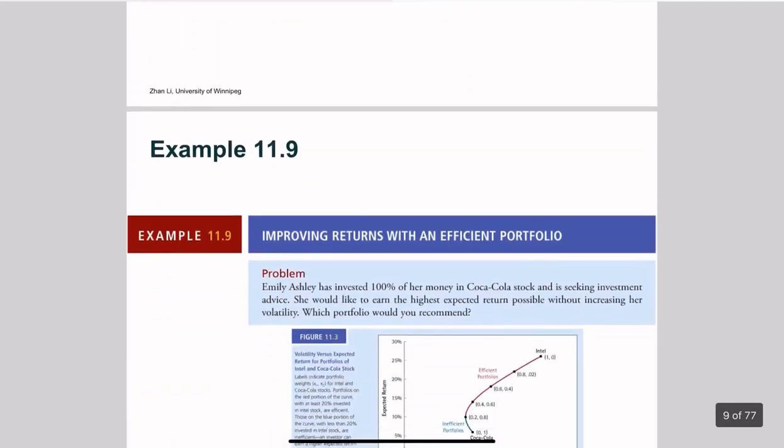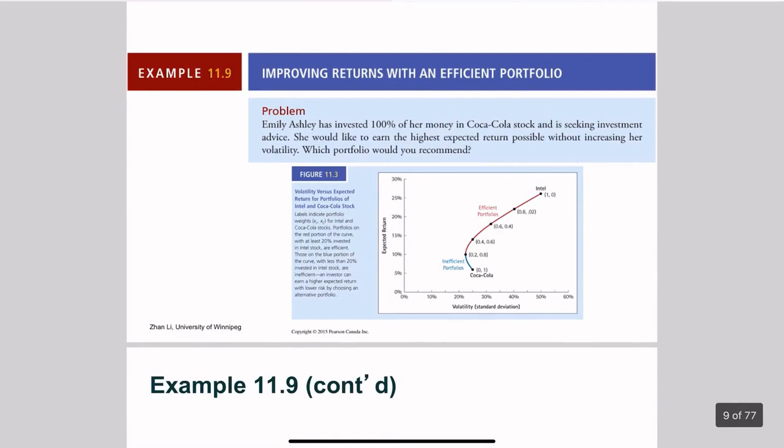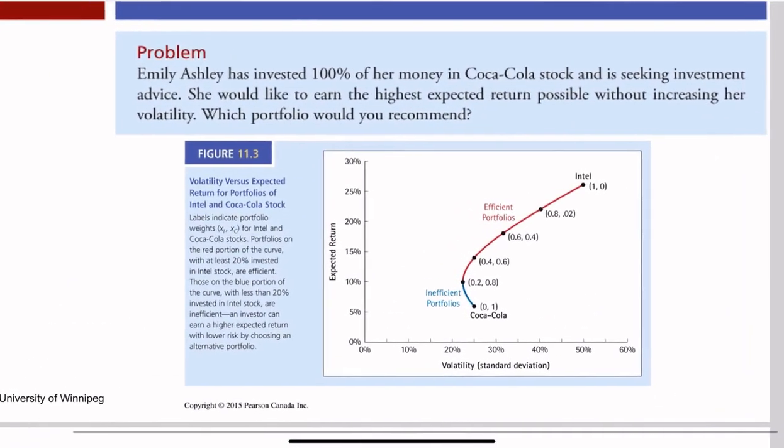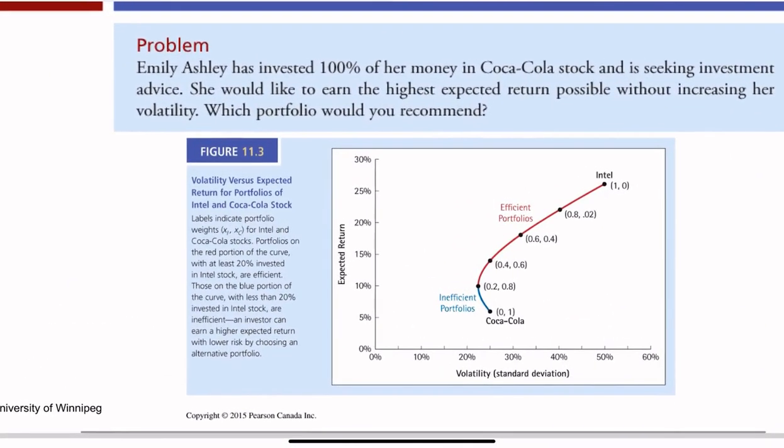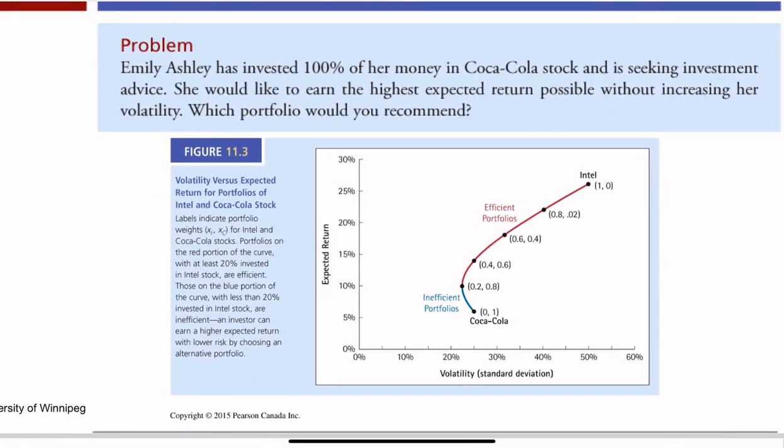Okay. Now let's see this example here. It says, Emily Ashley has invested 100% of her money into Coca-Cola stock and is seeking investment advice. She would like to earn the highest possible expected return without increasing her volatility. Which portfolio would you recommend?